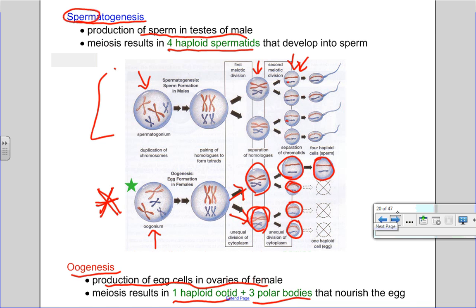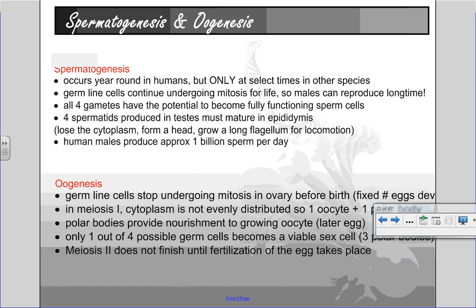So this slide talks about a few more features of spermatogenesis and oogenesis in humans. Spermatogenesis occurs year-round in humans, but in other organisms it varies from species to species. So they may only have spermatogenesis during a certain portion of the year.